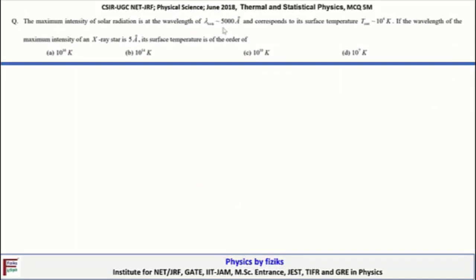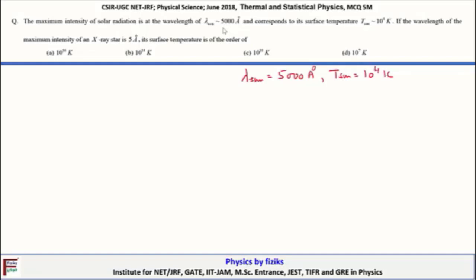Let's continue with the next question. The statement is that the maximum intensity of the solar radiation is at wavelength lambda sun. Let's write the information that is given to us. We are given lambda sun equal to 5000 angstrom, and the corresponding surface temperature of the sun is given to be 10^4 Kelvin.